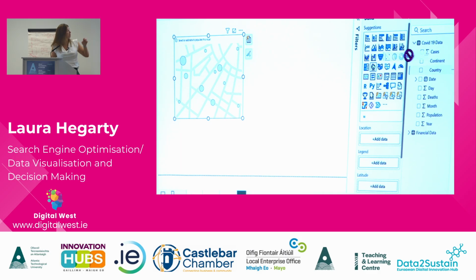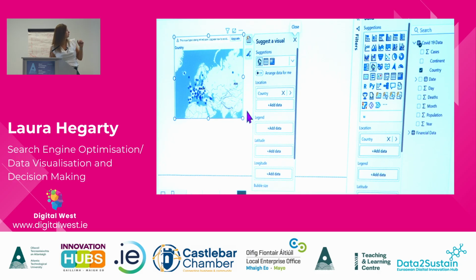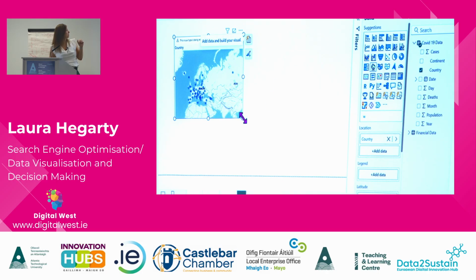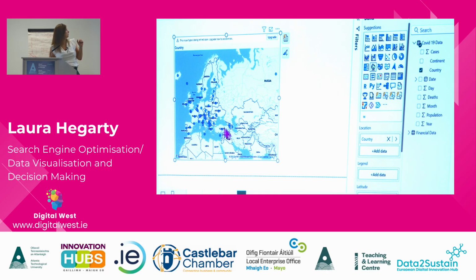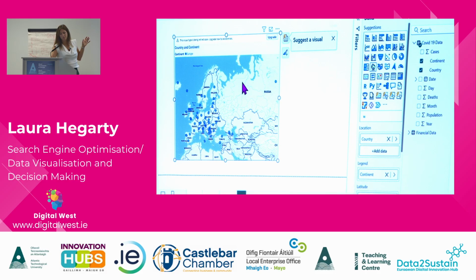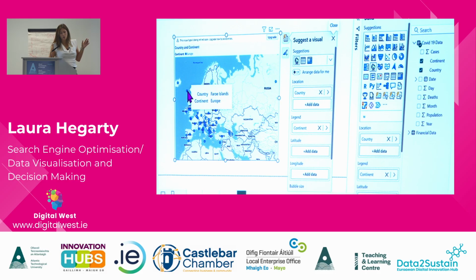So I'm literally going to take country from here, drop it into my map. And you see straight away it shows me all of the bubbles of the data relating to COVID-19, okay? And then I'm also going to take the continent and drop it in. So I can hover over, for example, Faroe Islands and the continent, it'll tell me where it is.